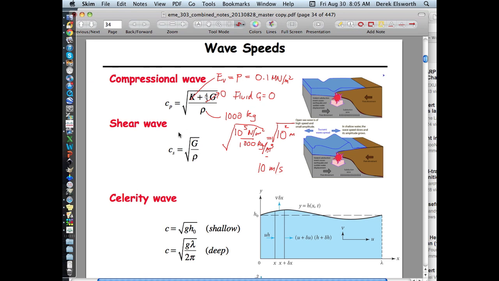Anyway, if you look at the shear wave, because this is equal to 0 in a fluid, there is no shear wave in a fluid. But in a solid, this magnitude is roughly of the order of the bulk modulus. And so in a solid, there is a shear wave.